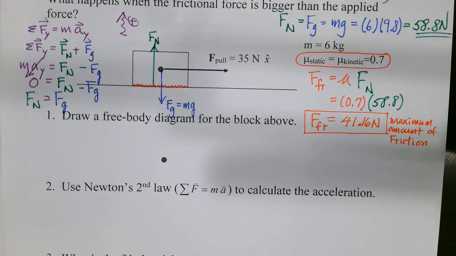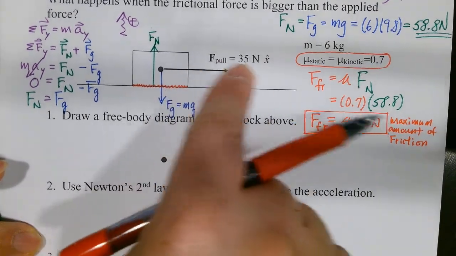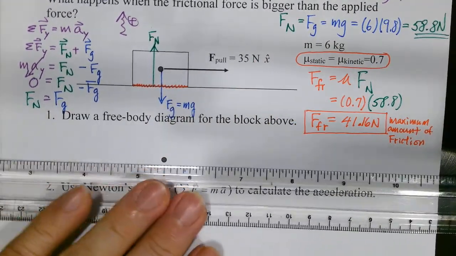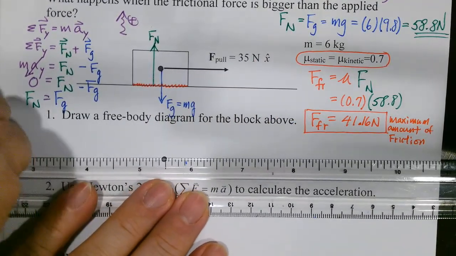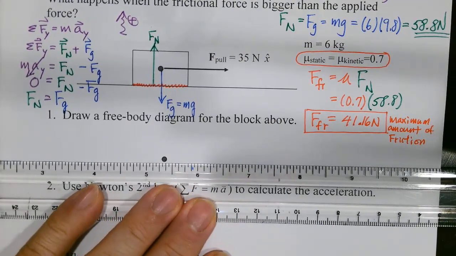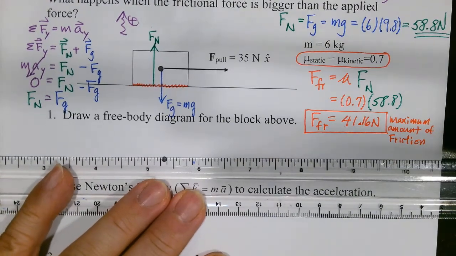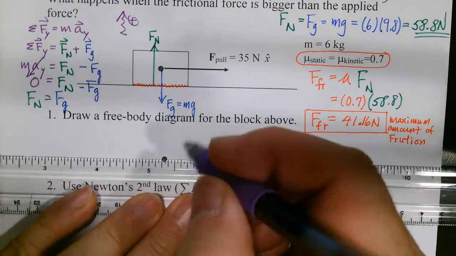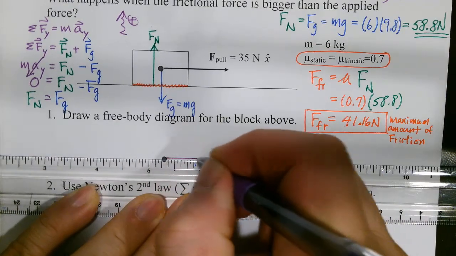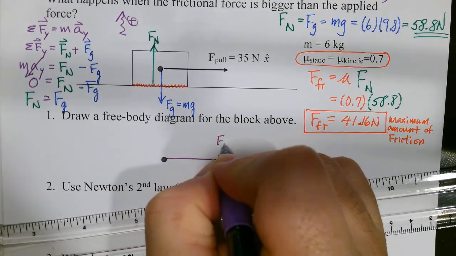So, if I were to pull on this thing with 35 newtons of force, let's use purple for this. F pull, let's say, happens to be 35 newtons of force.